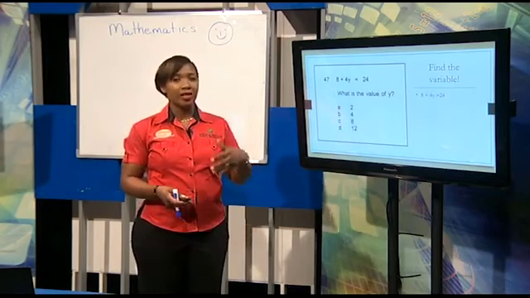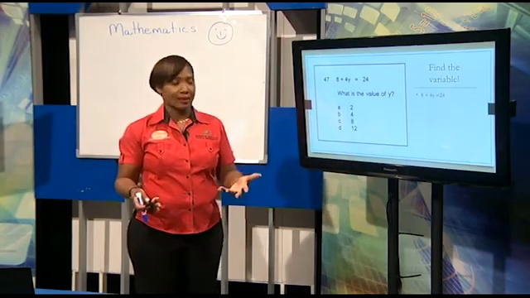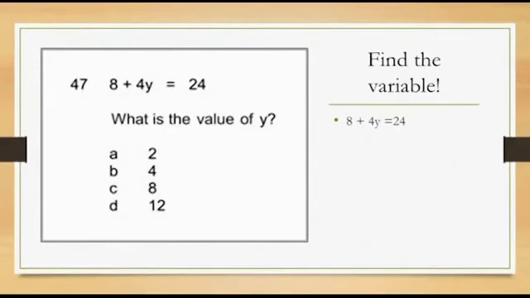Your division and your multiplication is done last. So we're going to subtract the 8 that is being added to 4y. If we subtract it on the left-hand side, we must subtract it on the right-hand side, giving us 4y equals 16. That means when I take away 8 from 24, I get 16.